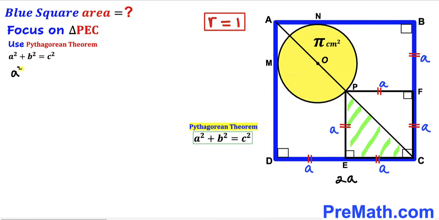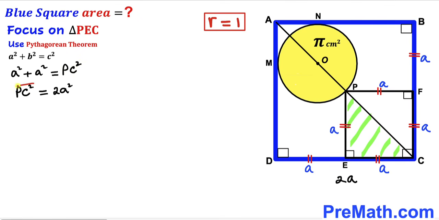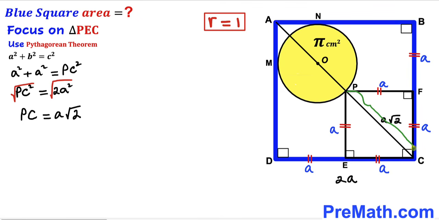So we got a square plus a square is going to be equal to our hypotenuse PC square. I'm going to undo this square by taking a square root on both sides. So therefore our PC segment length is going to be a times square root of 2.